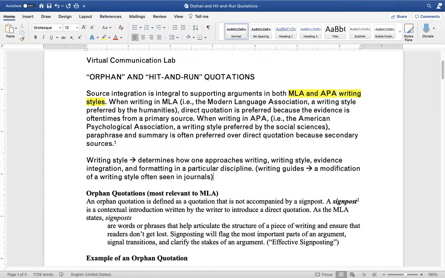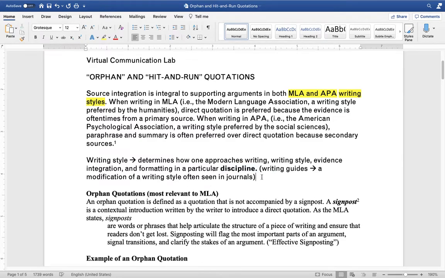Often it's based on the Chicago or Chicago Turabian writing style, but they make a few adjustments for whatever purposes they deem. So that's what a writing style is. It's based on the discipline.